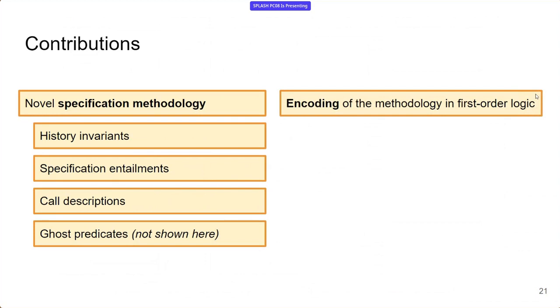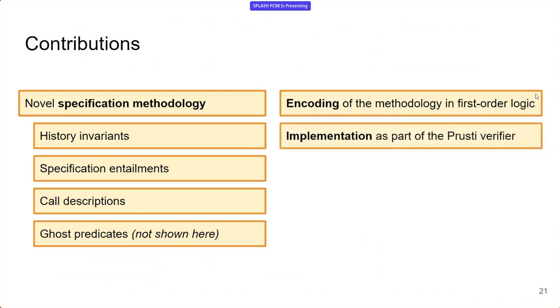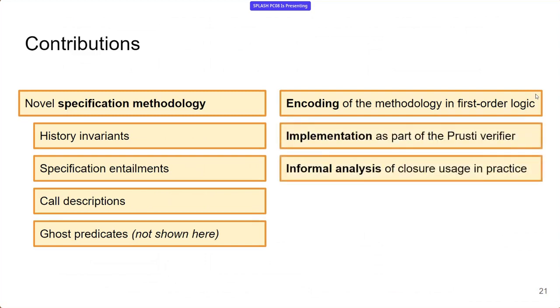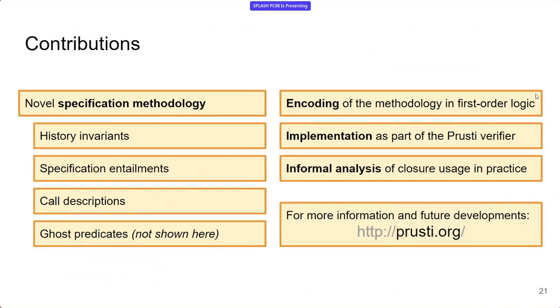We encoded this methodology in first order logic such that it's actually automatable. We implemented it as part of Prusti. We had some analysis of how closures are actually used in practice based on large-scale evaluation of crates in the Rust ecosystem. And so this is the state as of last year.